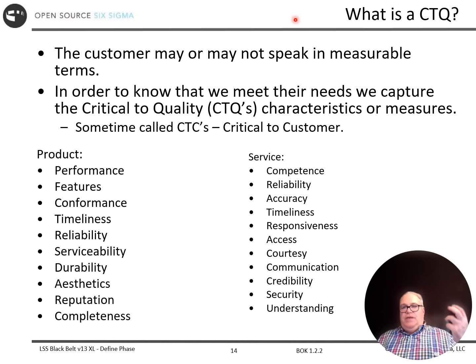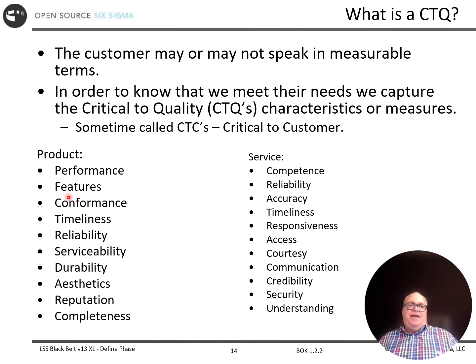These are those things that our customers expect from the delivered product or service, and it's our job to decide for this particular project which ones we are going to address.